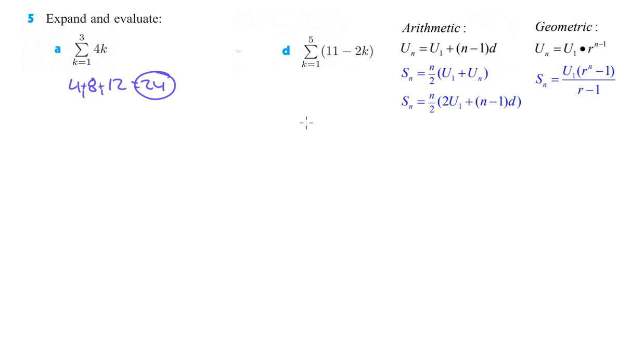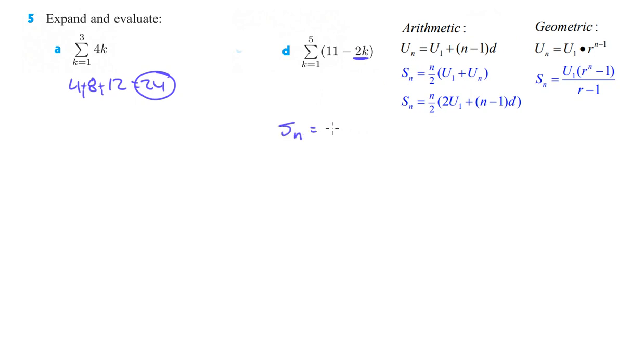Okay, here's our formula. So this is arithmetic. Geometric is when you've got some powers and stuff going on here. So this is not geometric yet. This is still arithmetic. So if we wanted to do that, we don't know what the first or the last term is. So let's use this one here.